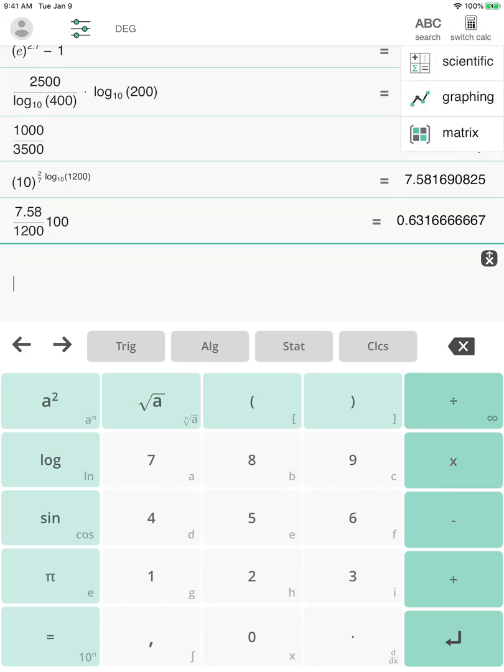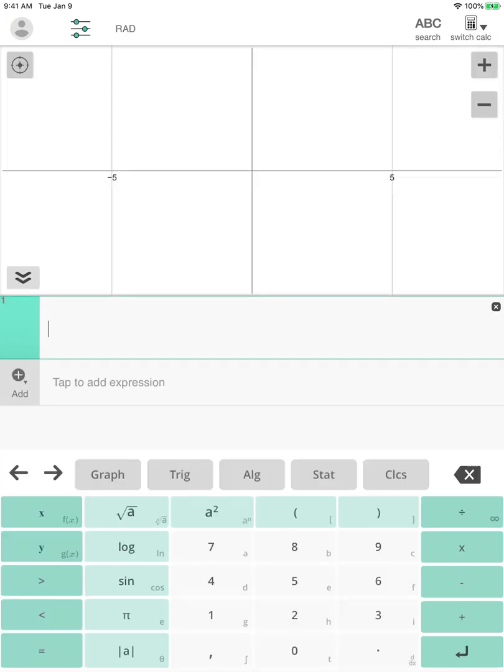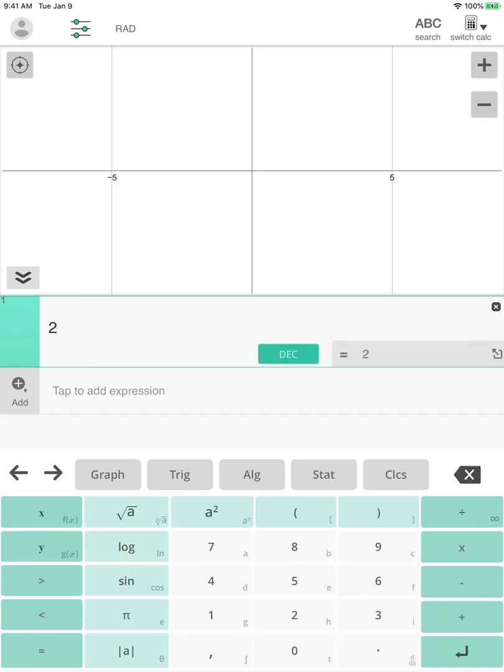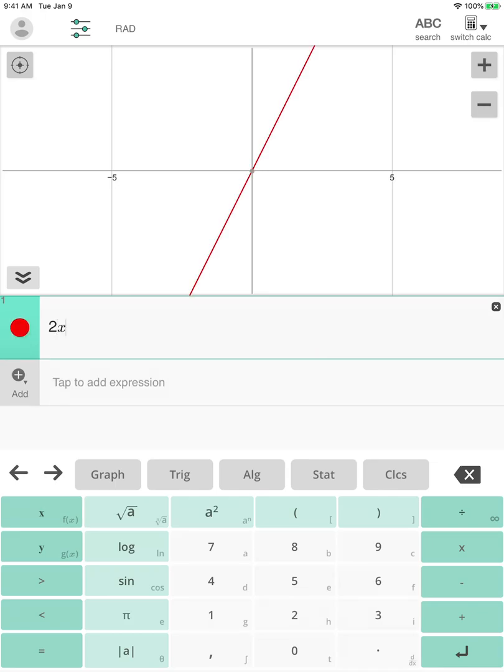If you open up Class Calc and go to graphing, we can just plug in both equations. The first one is 2x plus y equals -1.